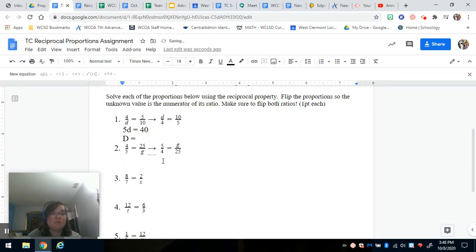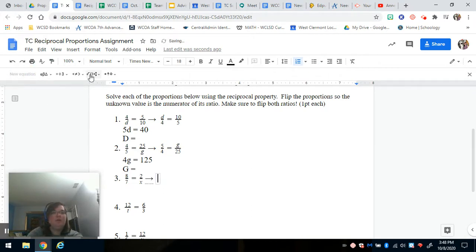Now we simply cross multiply. So we're going to take 4 times g, which is 4g, and then 5 times 25, which is 125. And then to get our variable, we need to divide both sides by 4. So we'll take 4g divided by 4 to get g, and then we'll divide 125 by 4 to find our answer.